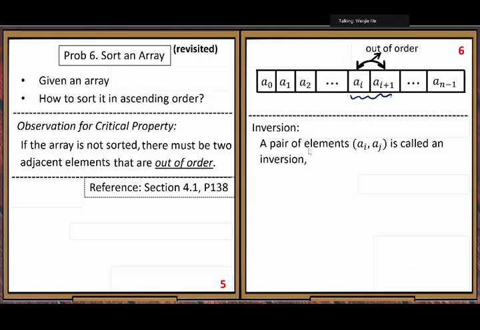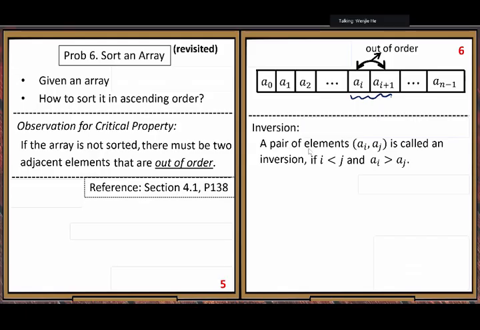So we define this inversion concept for the case that this pair of elements is not in order. When the subscripts are in order, I less than j, that means the subscripts are in order.